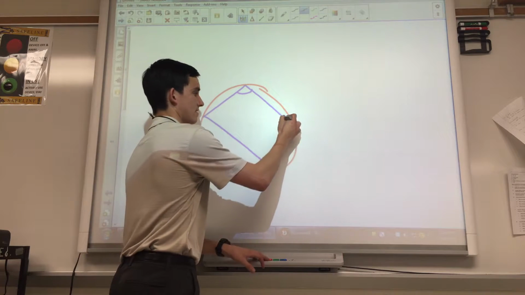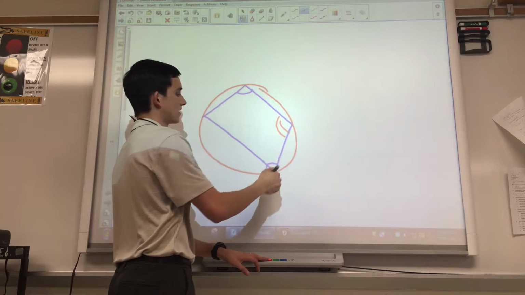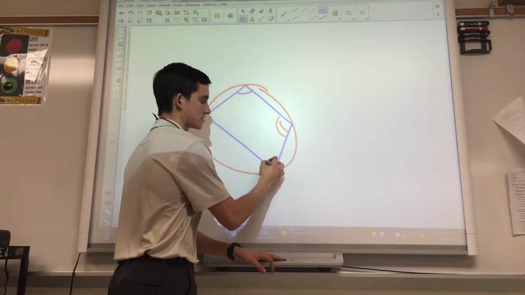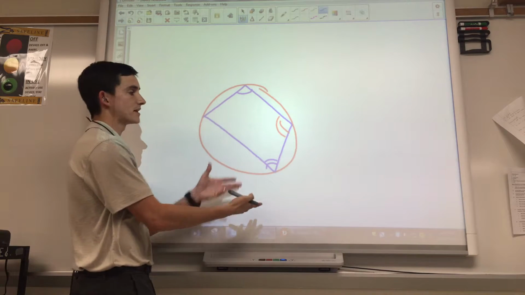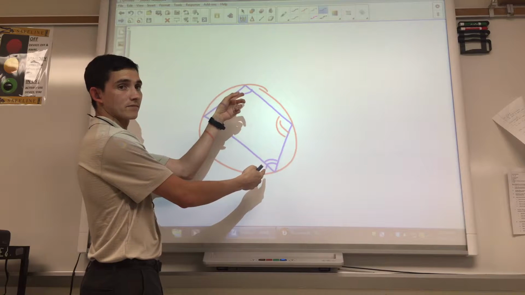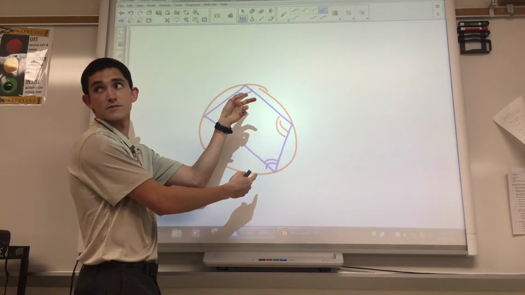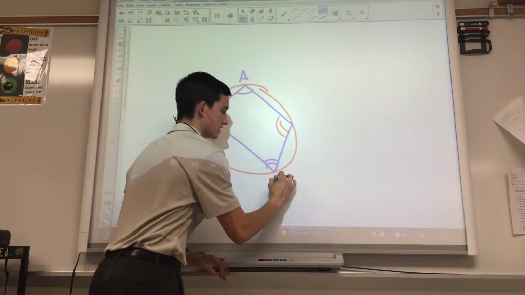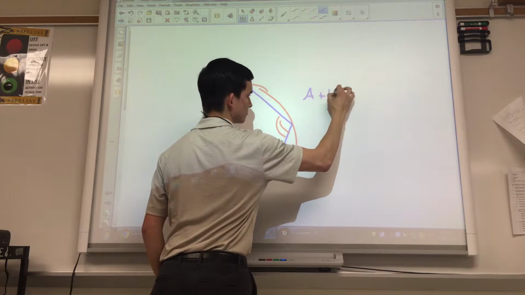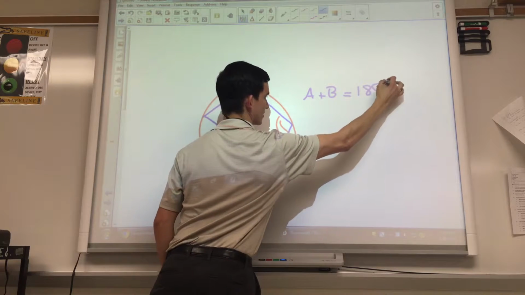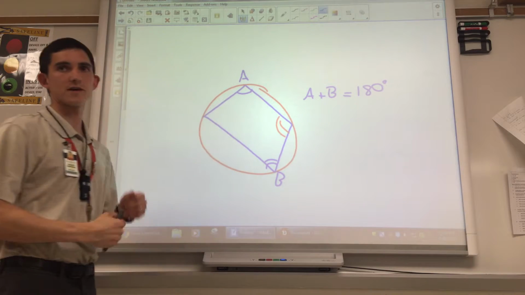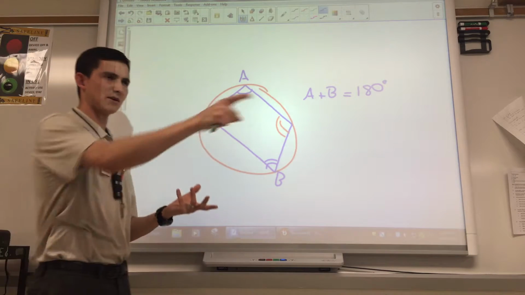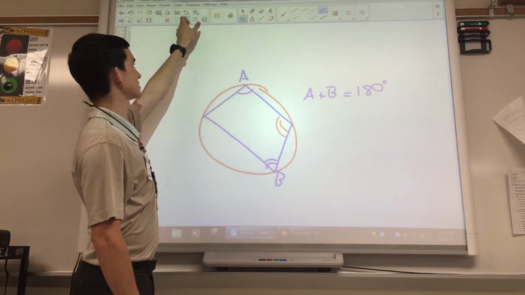Shoot, I should not have put that the same degree. They just add up to 180. They're not necessarily the same measure, okay? But they do add up to 180. So if this is angle A and this is angle B, then A plus B equals 180 degrees. Okay? Is that what you were asking? Yep. I'm glad you asked that.